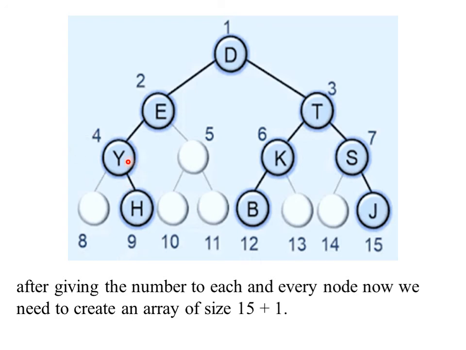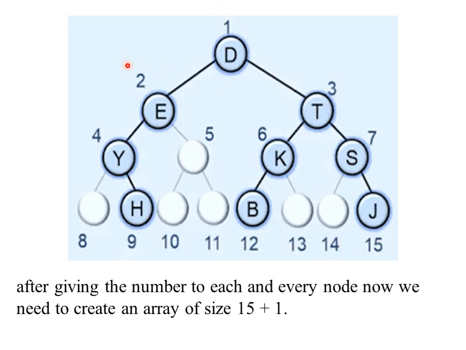Now this 4 has two children, 8 and 9, and similarly this 5 has two children, 10 and 11, and this one has two children, numbered 12 and 13, and this last one has two children, therefore 14 and 15.